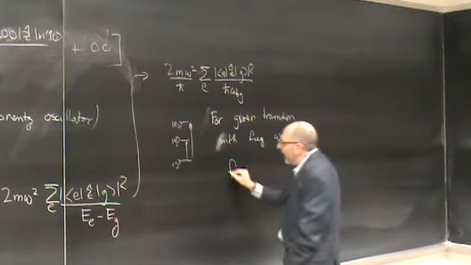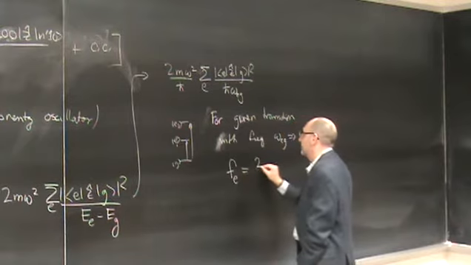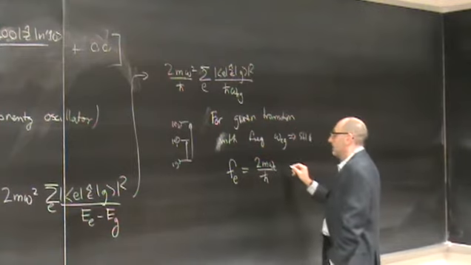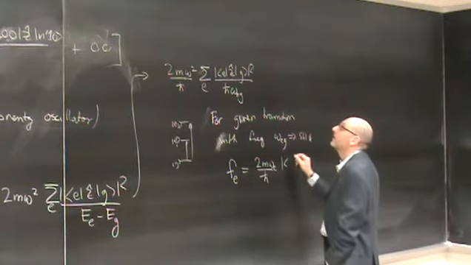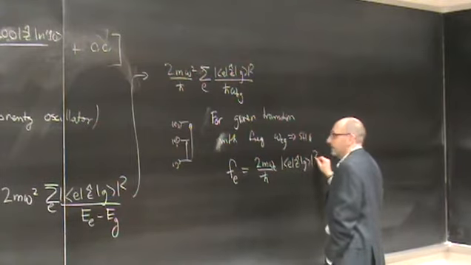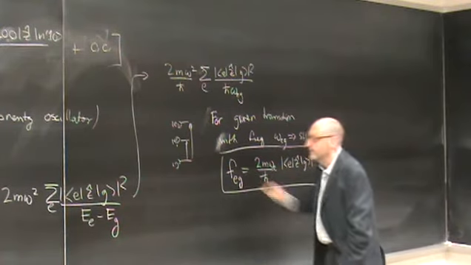Then I have the oscillator strength associated with that excited state, and it is 2m omega EG over h bar times this. That is known as the oscillator strength associated with that transition.